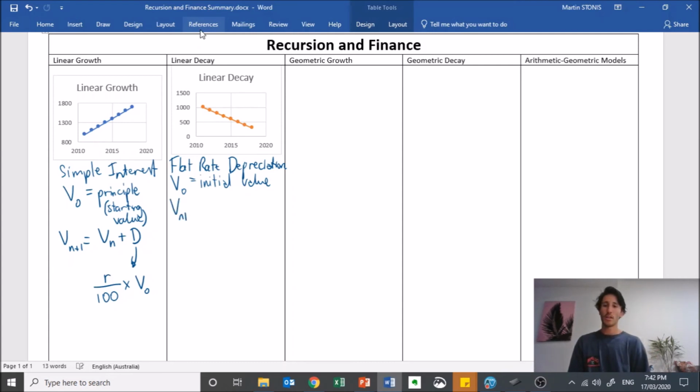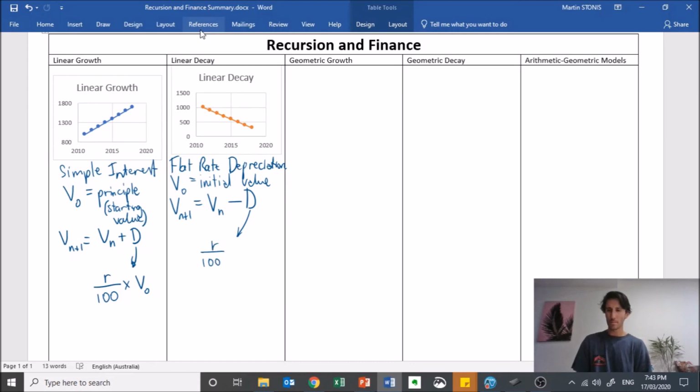Now Vn plus 1, we know all of our rules have Vn plus 1, and we've already given it away. It is a linear decay, which means that it's going to be looking like Vn minus some amount which stays the same. In this case, we're calling it D. All right, so that's our recurrence relation. And remember, D is equal to this thing.